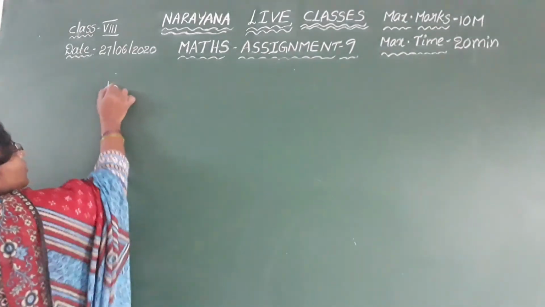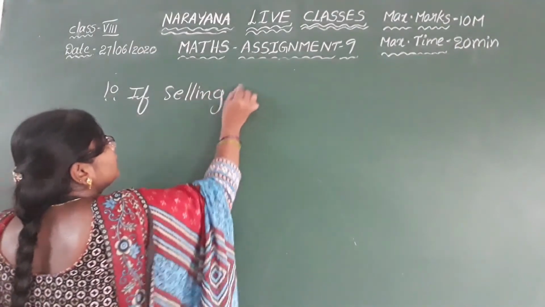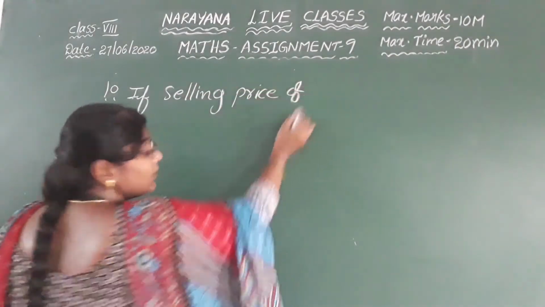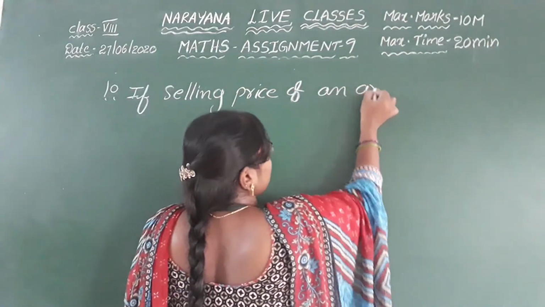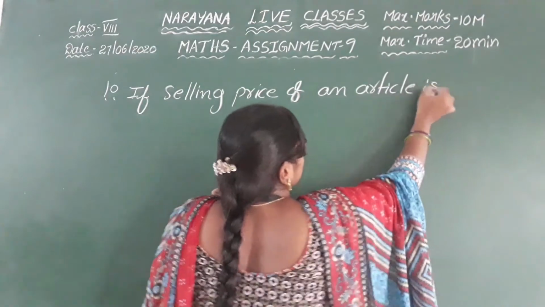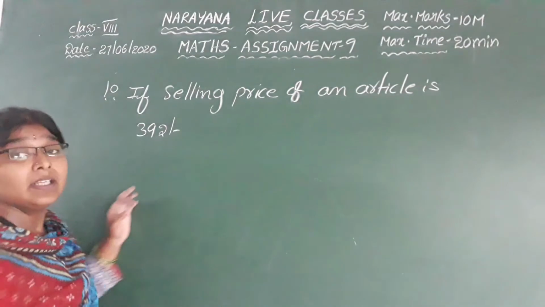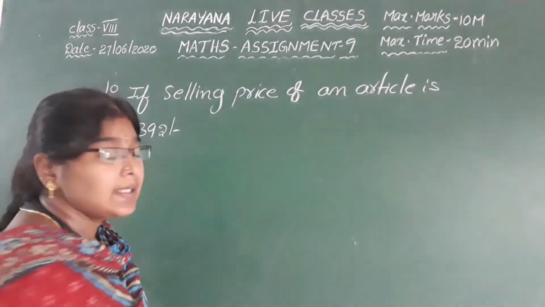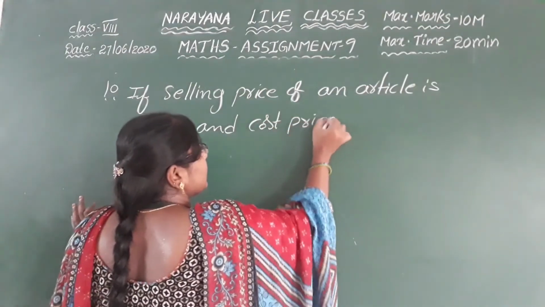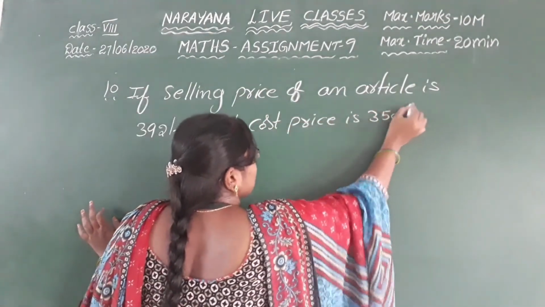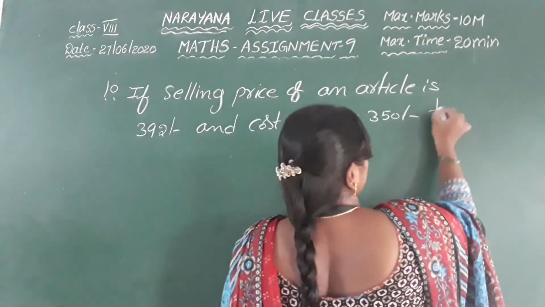if the selling price of an article is 392 rupees and the cost price is 350 rupees, then the profit percentage is.